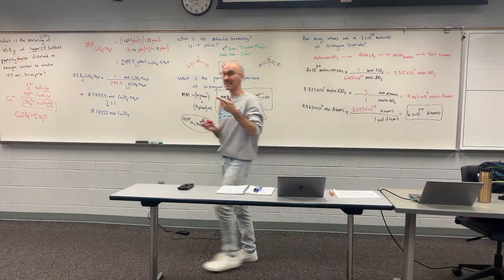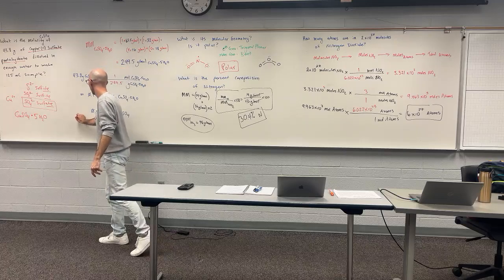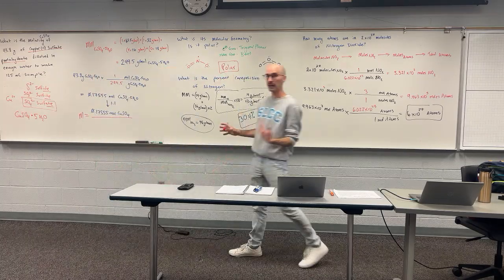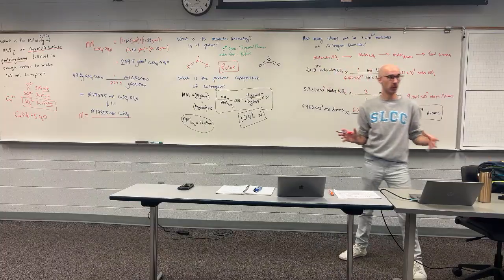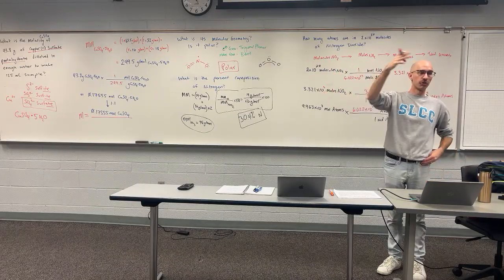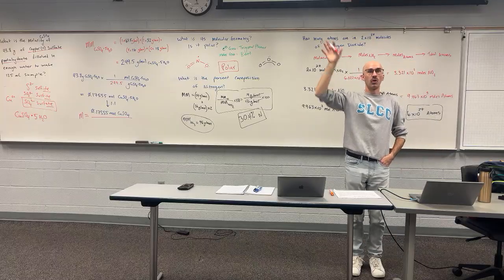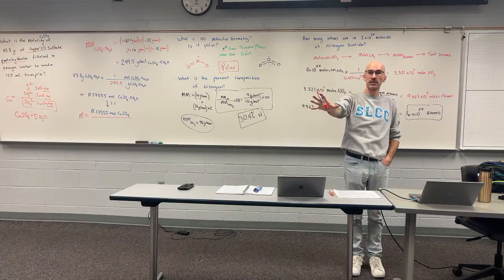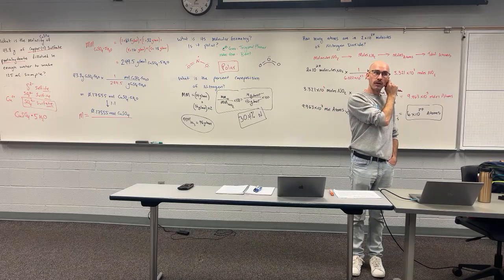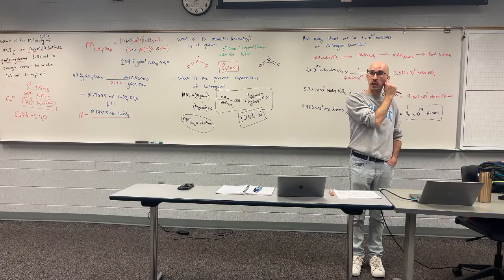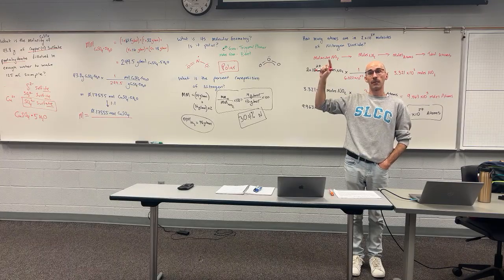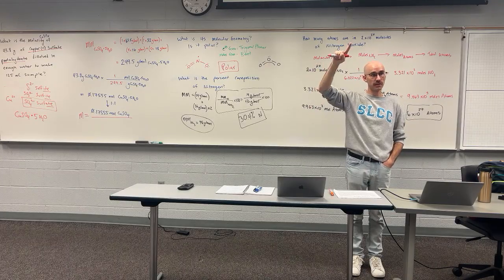I need to divide by liters. And do I have liters? It depends on how quickly you can do this type of conversion. You could set up another conversion to say 125 milliliters. 1 liter is 1,000 milliliters, so I divide by 1,000. Or maybe you're getting quicker with converting milliliters into liters, and you can just say, I'm going to go from small unit to big unit.